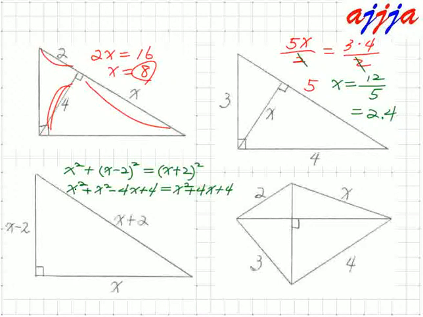Whoa, very simple. Alright, let's solve this one then. x squared plus x squared minus 4x plus 4 equals x squared plus 4x plus 4. Whoa, left to right, you can reduce so many things, right?